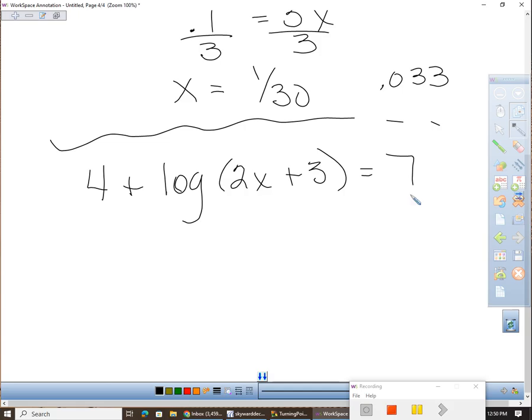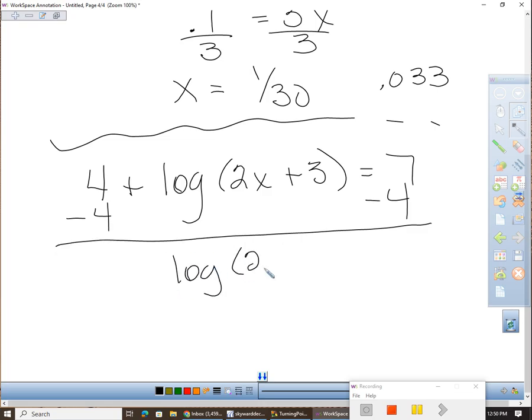So just like when we were working with absolute values before, we need to get the log term by itself, right? So in order to get the log term by itself, I have to subtract 4 to the other side. So subtract 4 and subtract 4. So now I have log of 2x plus 3 equals 3.